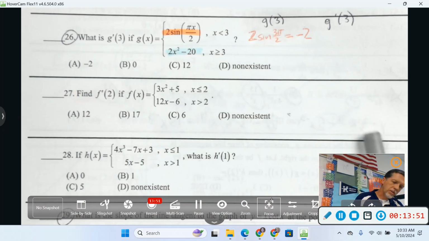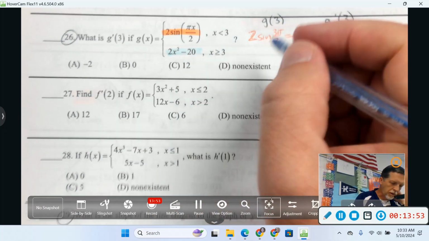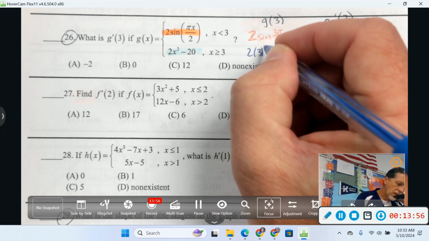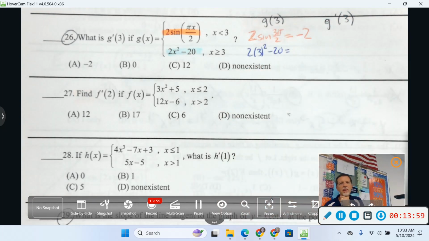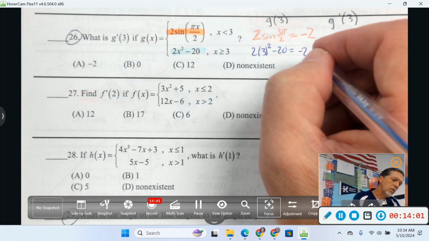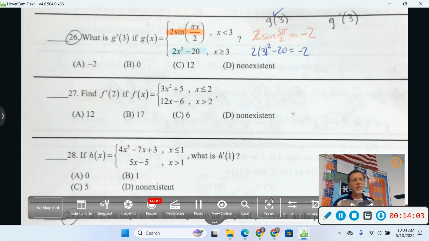When I plug 3 into the 2x squared minus 20, let's see, 9 times 2 is 18. 18 minus 20 is negative 2. So it is continuous. They do touch. So that means it still might be non-existent because there might be a cusp there. So I need to check the derivative from each side to see if there's a cusp or to see if it's smooth.